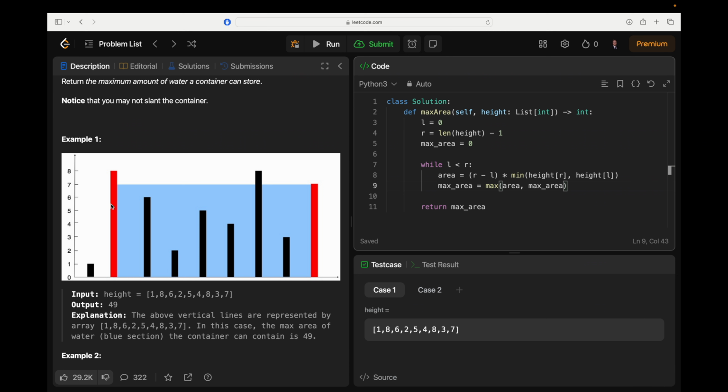Okay, so we have two posts. Whichever one is lower, you move inward with that one to try to get maybe a higher post. So you're sacrificing distance between them for a chance at a higher post. And that way, okay, so this is the furthest possible distance, is 1 and 9.